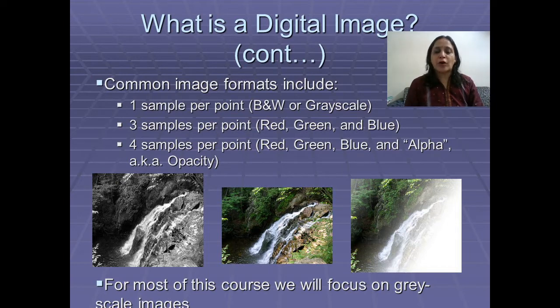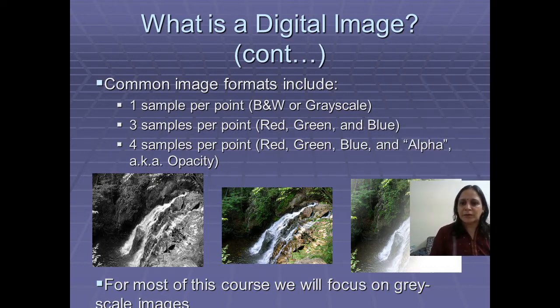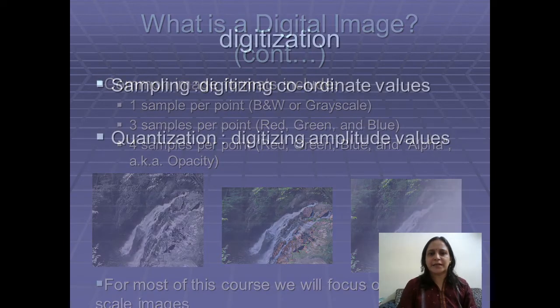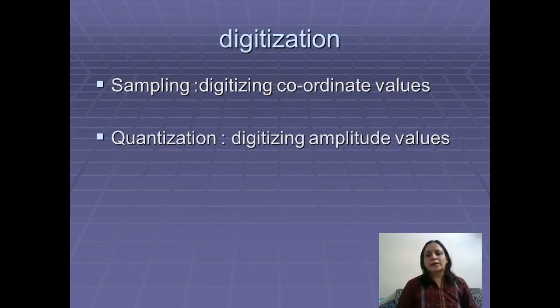So depending on what type of data you are storing per pixel, you will get the type of the image. Most of our work will focus on the grayscale image. Our syllabus is restricted to this particular type of image, that is the grayscale image. The important thing is how we are digitizing the images.